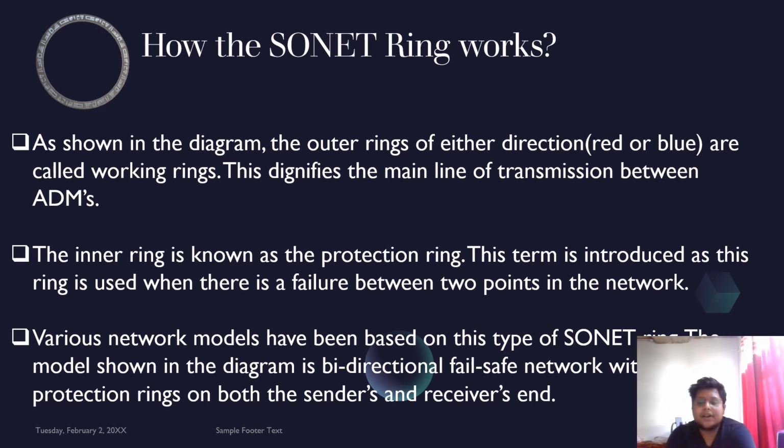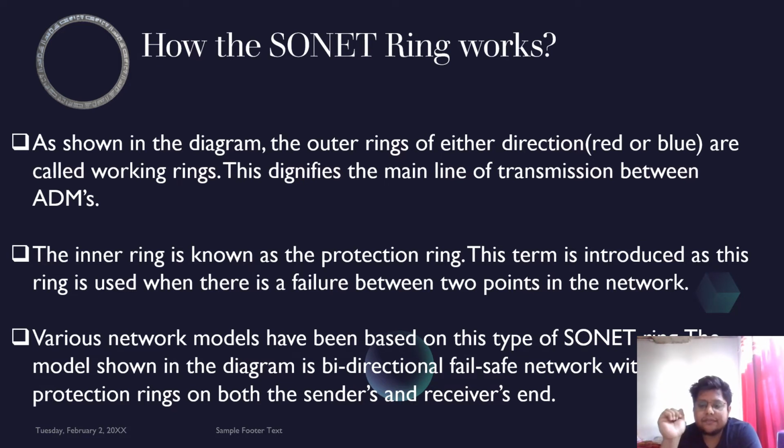The inner ring is what we are focused on. The inner ring is also called a protection ring. This term is used because it helps the data transmission if either a working line fails or there's a failure occurring between two circuit points.